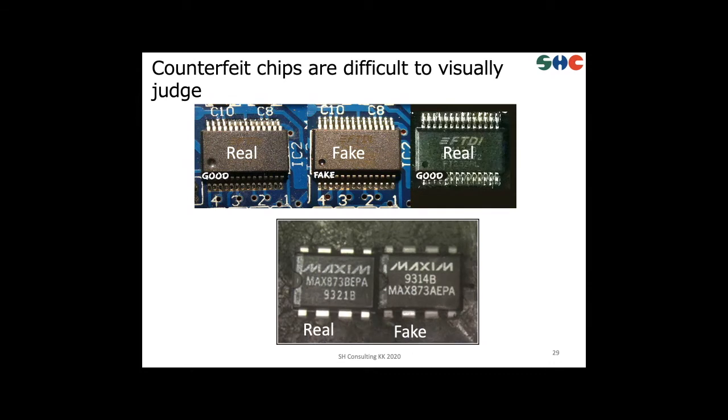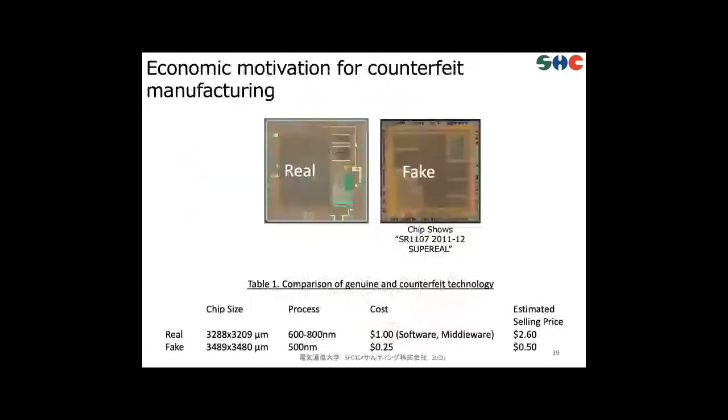And there's a real and a fake analog chip down there from Maxim. These are very difficult to tell apart, and you build a board and they just come in. But when you take them apart, the real and the fake are quite different. The price is different too, but it's a good business, so real and fake chips are always there.